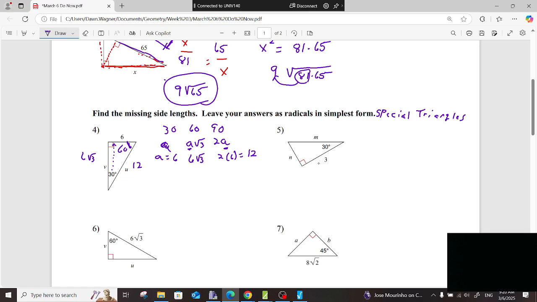So, okay, so here, if this is 30 and this is 90, what's this over here again? 60. This time I'm given across from the 60. 60 is not the smallest angle. So I'm going to have to solve for A, right?